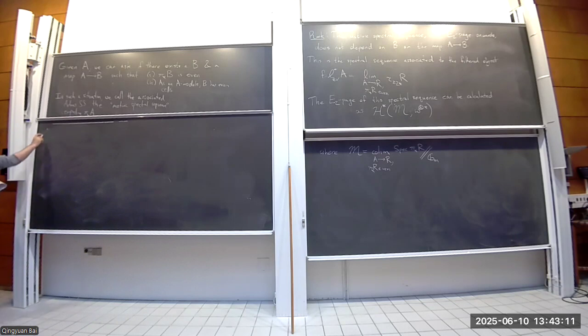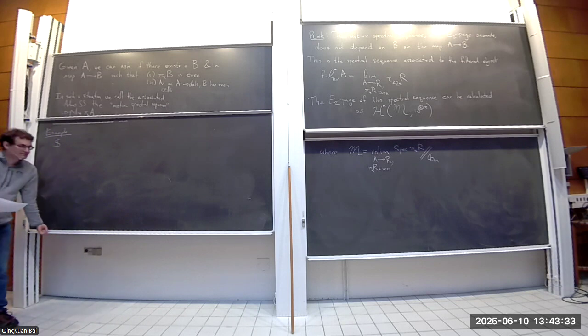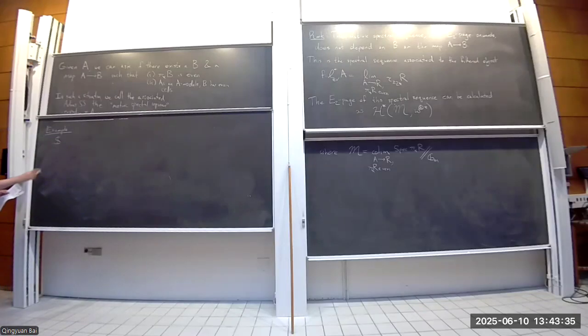All right, I wanted to do some examples. Look at the sphere. So the sphere is some E infinity ring, and in good cases, I told you that every E infinity ring has some canonical motivic filtration on it, which is some kind of Adams filtration.